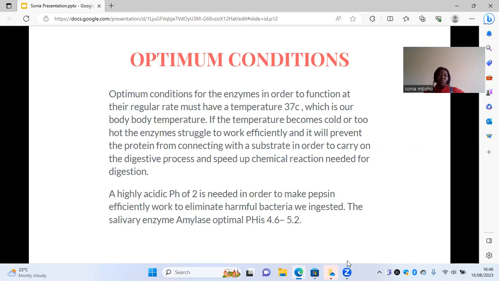Now we are going to discuss the optimum conditions for enzymes in order to function at their regular rate. They must have a temperature of 37 degrees, which is our body temperature. If the temperature is too cold or too hot, the enzyme struggles to work efficiently, and it will prevent the protein from connecting with the substrate in order to carry on the digestive process and speed up the reaction needed for digestion.